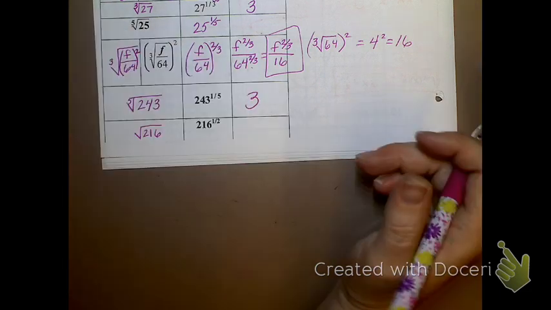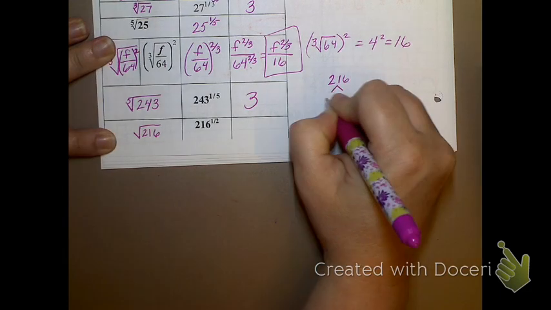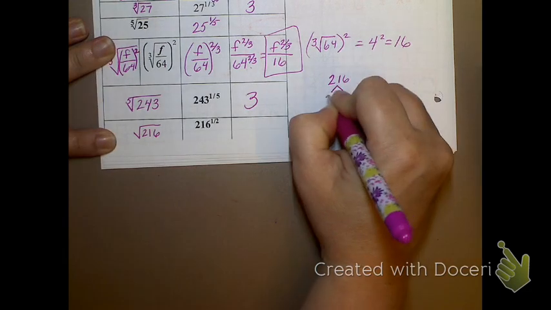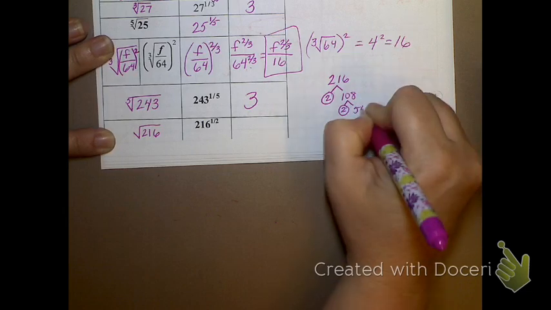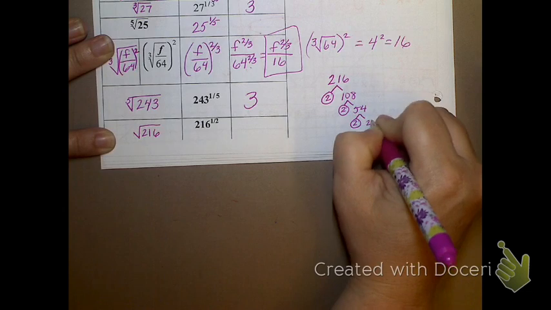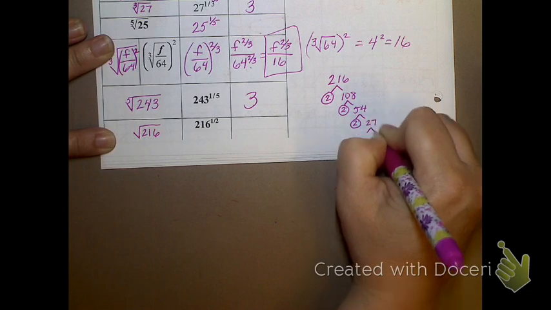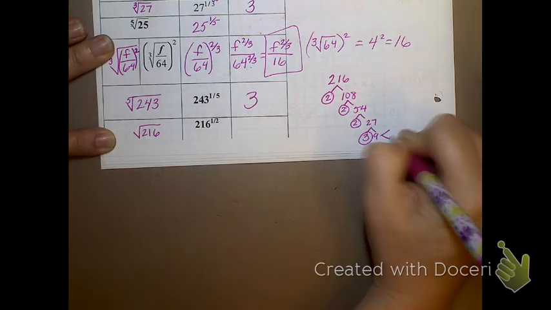Do you remember doing this many, many moons ago? Oh. Remember this? What am I circling? The prime numbers. And I'm running out of room, so this branch is going sideways. Now, what am I looking for to take out of the radical?